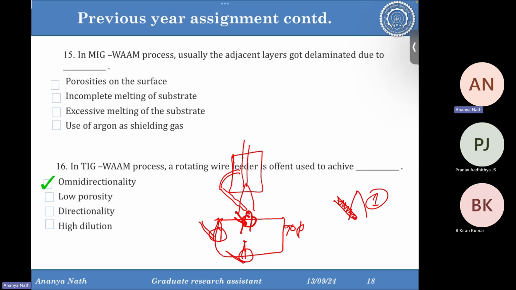If the arc is in front and the wire is behind, you will get different bead height, width and property, and you don't want that. So you need a single direction feed. But using a constant wire feeder, you cannot get that. So that's why we use a rotating wire feeder. Okay, ma'am.